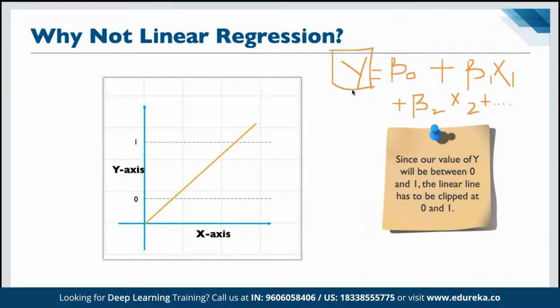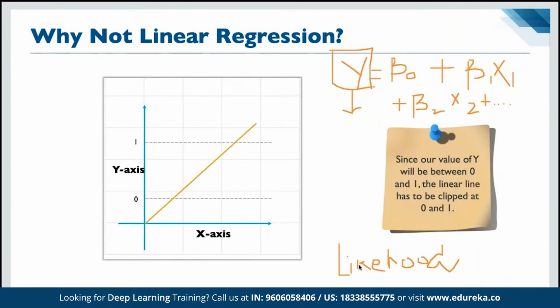So rather than looking at this point value, we convert this problem into something called a likelihood problem, or you have studied probability, right? So now we are talking about probability. Rather than predicting the actual value, we try to predict the probabilities. And as you know, the probability of anything can never be less than 0 and can never be greater than 1.